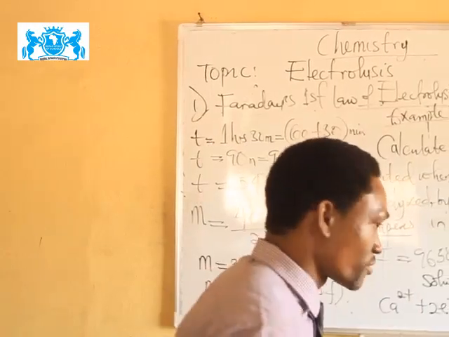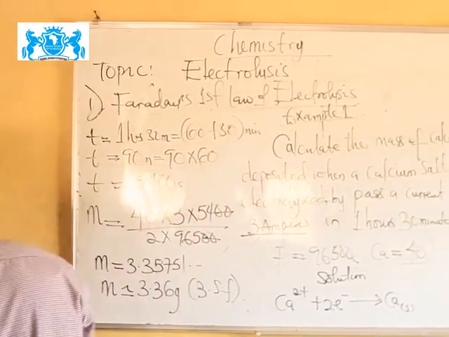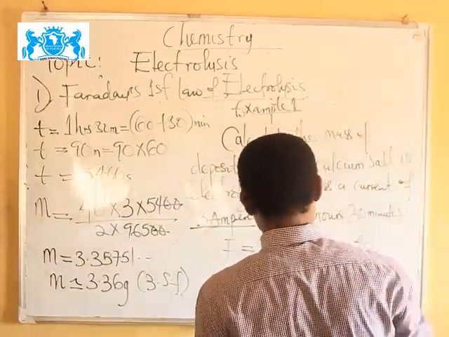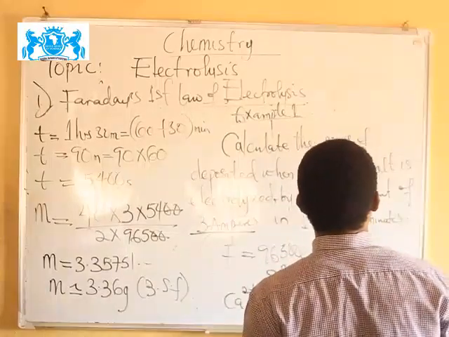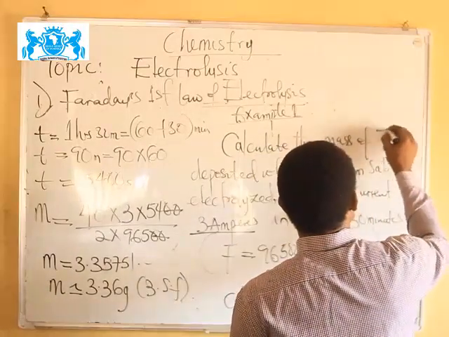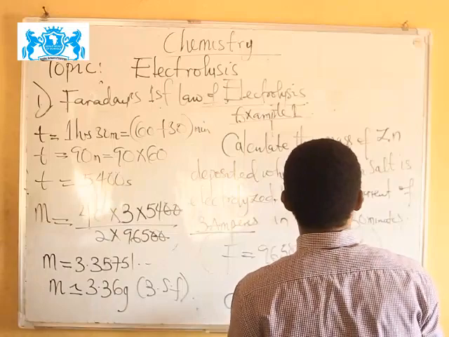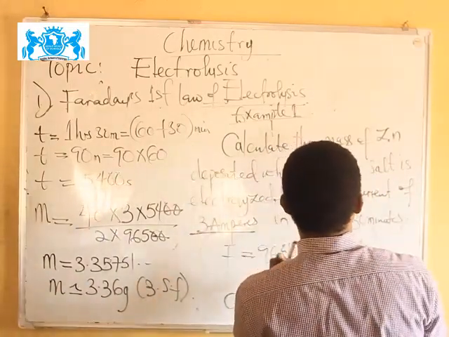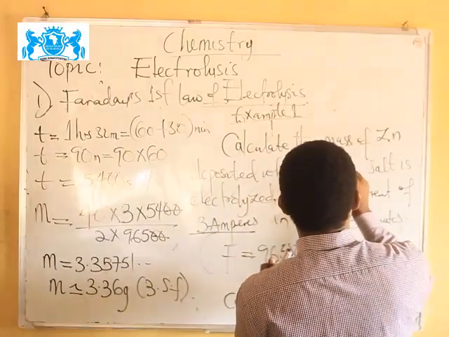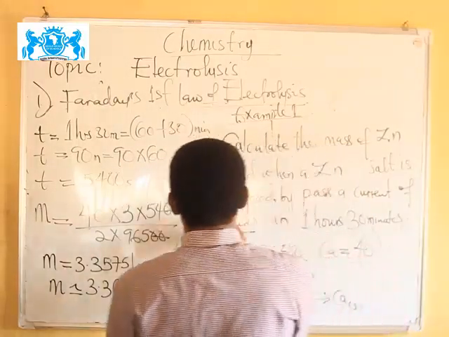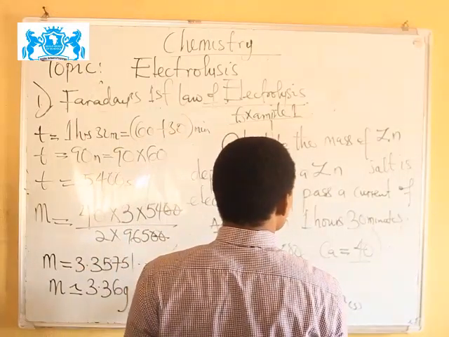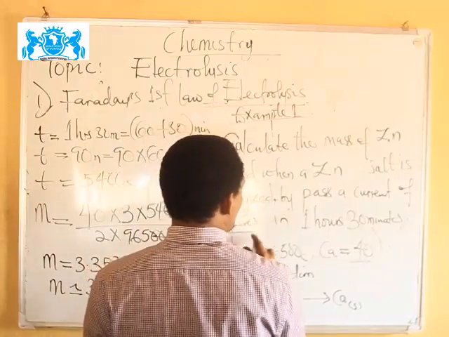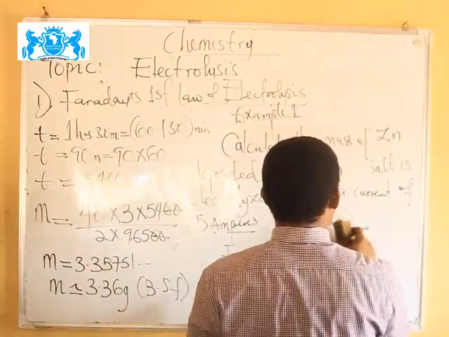Now let's take one more example of this, quickly, so that you can master this. Let me just say: calculate the mass of zinc deposited when a zinc salt is electrolyzed by passing a current of 5 amperes in 1 hour.